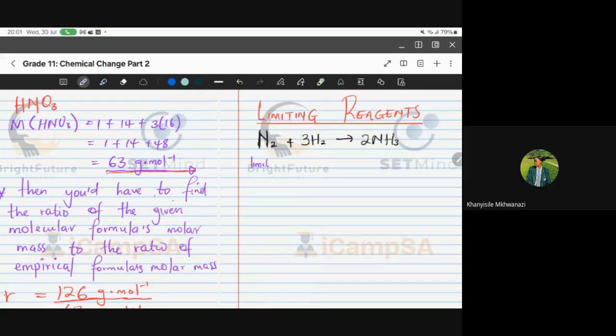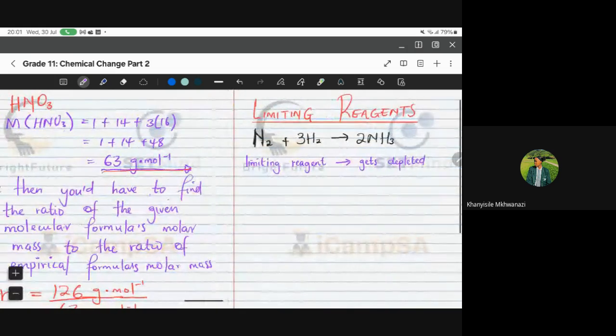Limiting reagent gets depleted first in a reaction. I don't like 'finishes', it sounds like we're running a race. Yes, guys, we are doing physics, you should be familiar with such words.